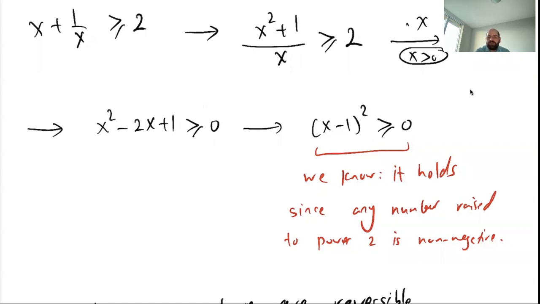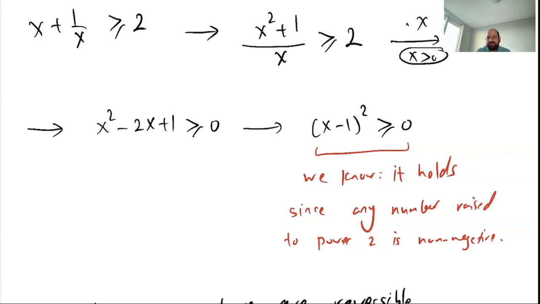And from this one, we can easily conclude this one. Why? Well, I can just take 2x to the other side. And that's it. And then from this one, we can conclude this one. Why? We can divide by x. Because x is positive, the inequality remains the same.